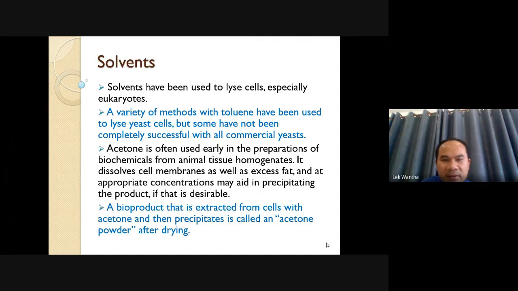Another example, acetone, is often used in the preparation of biochemicals from animal tissue homogenates. We dissolve the cell membrane using acetone, and then release the fat or lipid.